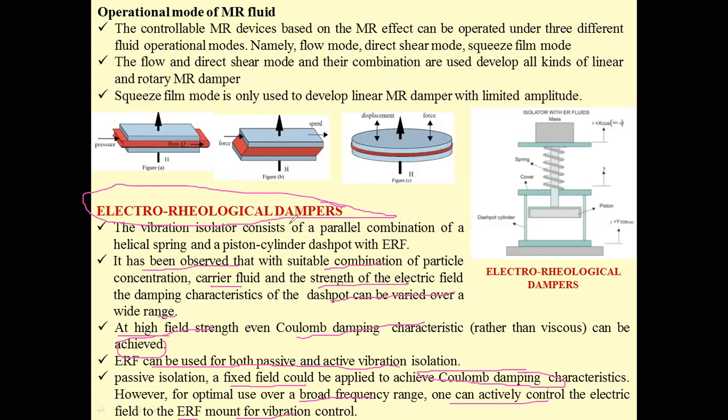So this is all about semi-active vibration isolation, which consists of these two types of fluid, MR fluid, that is magnetorheological fluid, and ER fluid, that is electrorheological fluid. Depending upon which type of fluid we are using in this vibration isolation system, it is called either an electrorheological damper or a magnetorheological damper.